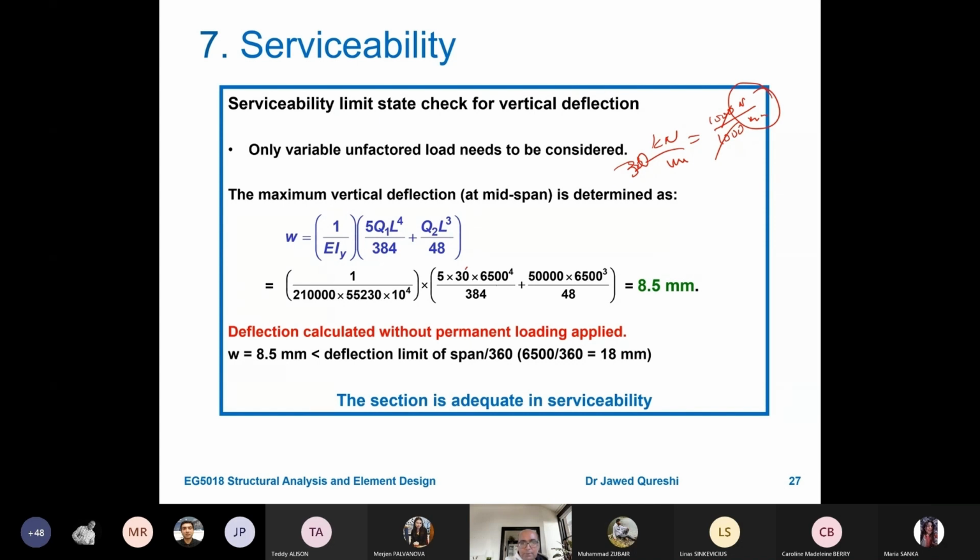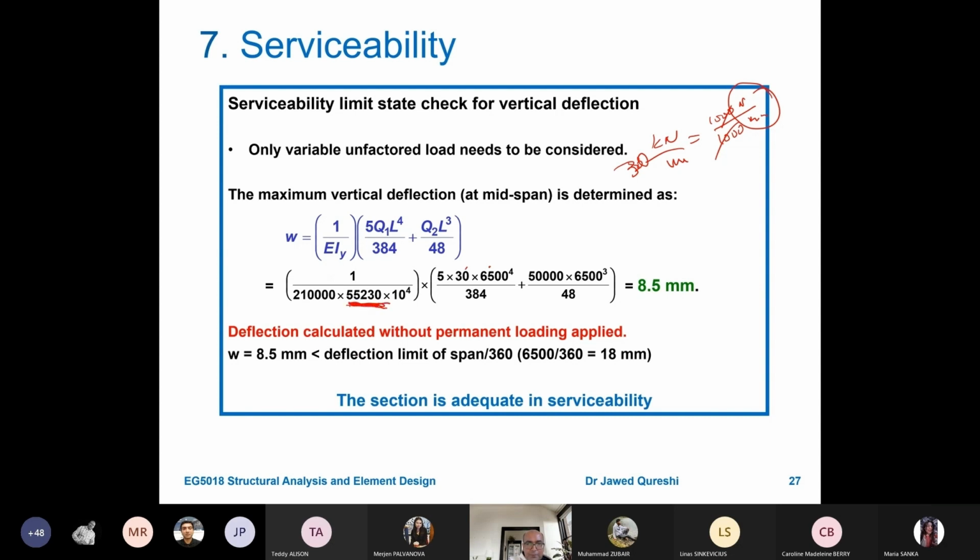Length is 6.5 meter, converting it into millimeters, over 384, plus P is 50 kilonewton, that is the point load, and this is the unfactored point load, times the length cubed, 6.5 meter converted into millimeters, divided by 48, and I is the second moment of area.